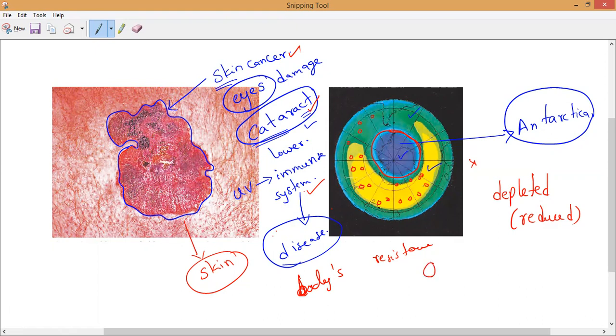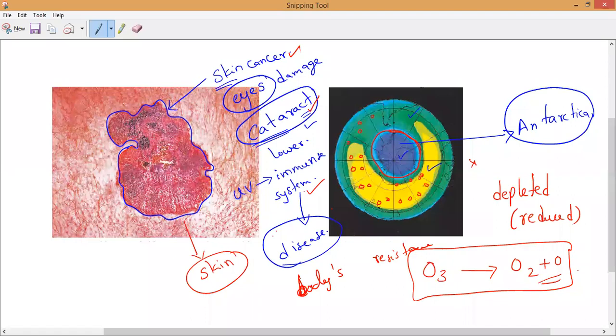Because of some harmful chemicals released by humans, the ozone is separating into oxygen molecules plus oxygen atoms, so the density and thickness of the ozone layer keep on decreasing day by day. Once it is affected more, a hole will form where complete ozone is converting into oxygen gas plus oxygen atoms. That is what is happening.